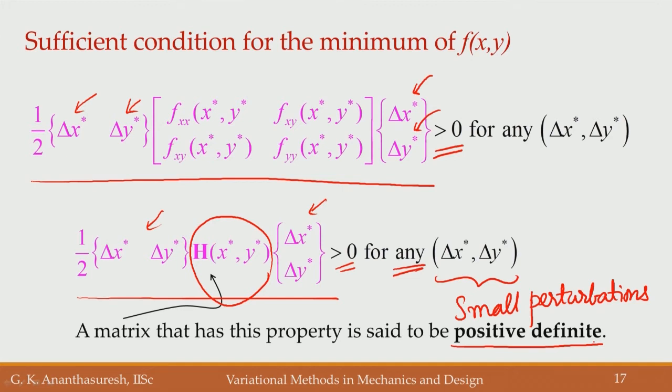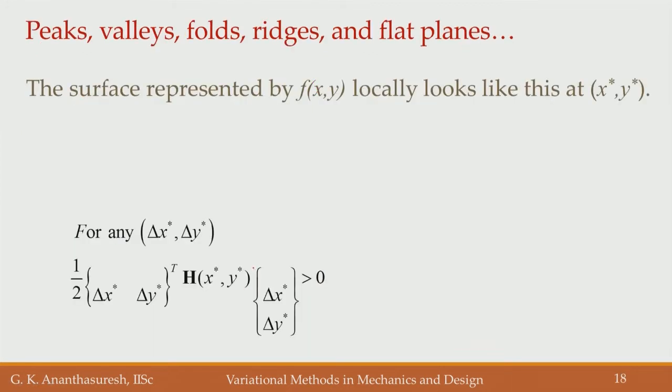That is, no matter what values you take for delta x star, delta y star, this whole quantity, where we take a row vector, then a matrix and a column vector, will be greater than 0. If that is true, then we say such a matrix is positive definite at that point. Evaluated at x star, y star, it will be called positive definite.